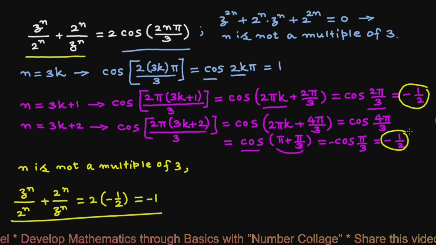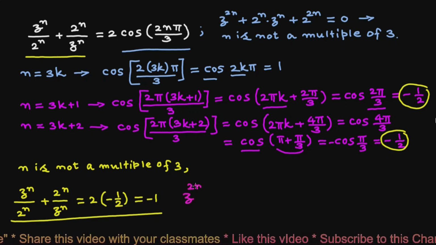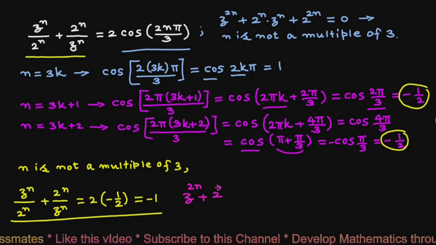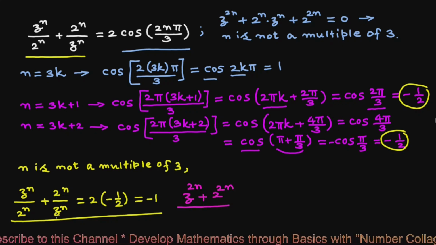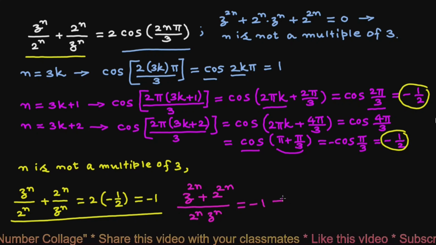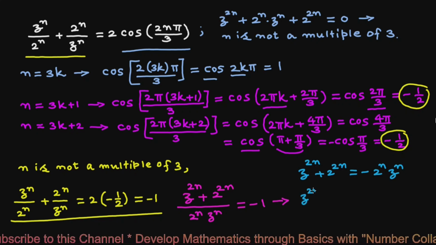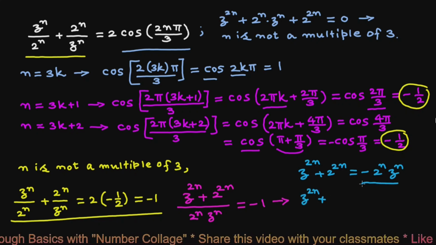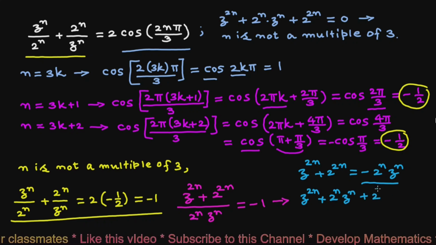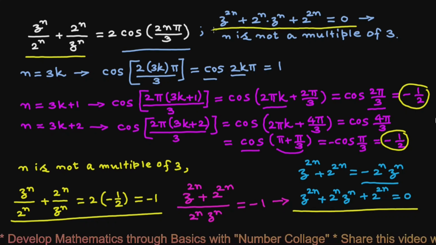This further becomes (z raised to n into z raised to n, z raised to 2n plus 2 raised to n into 2 raised to n, 2 raised to 2n) upon 2 raised to n z raised to n equals minus 1. After cross multiplication, finally it will be z raised to 2n plus 2 raised to n z raised to n plus 2 raised to 2n equals 0, which we have to prove here.